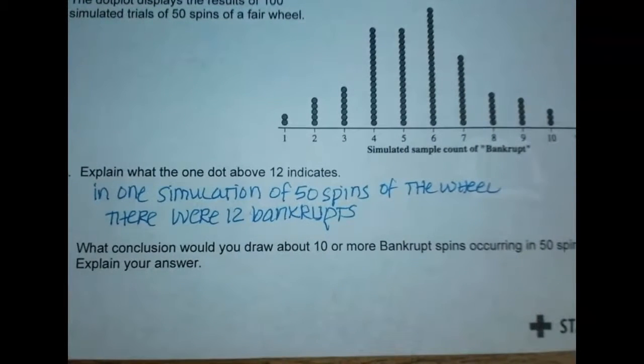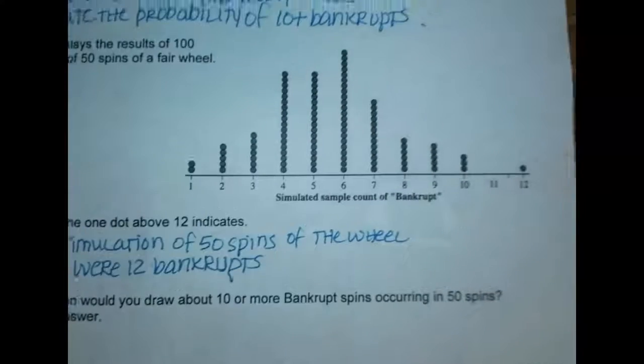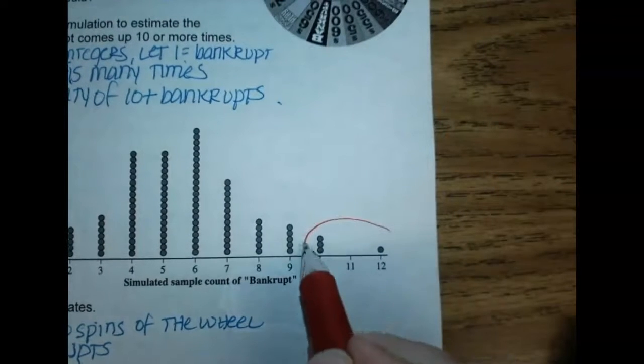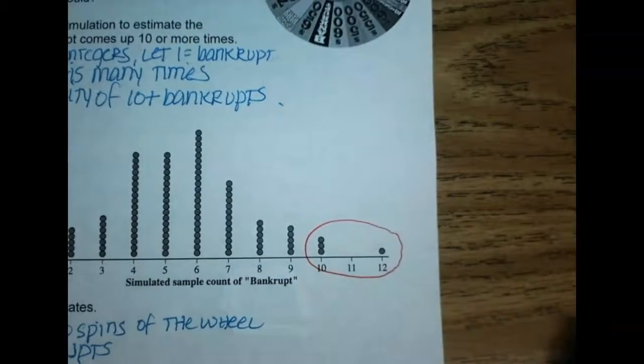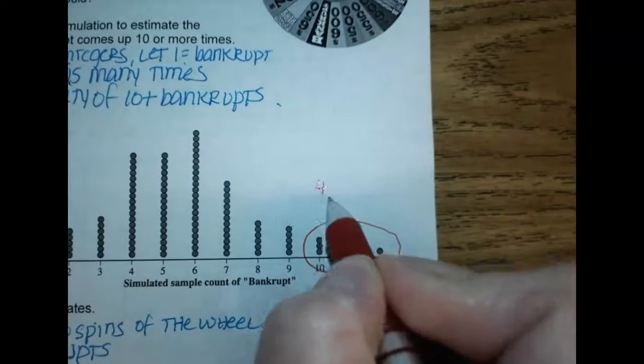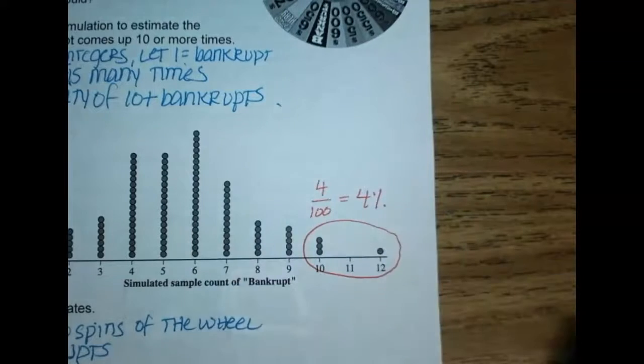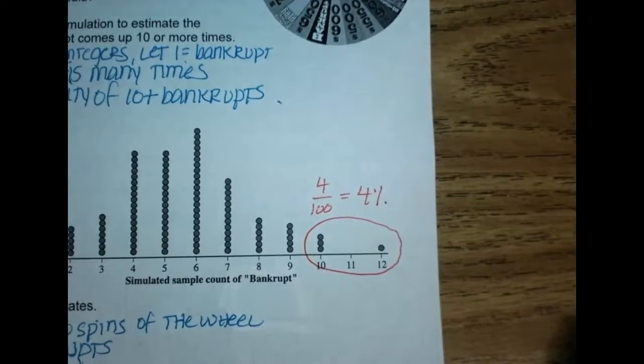All right, so the last question is, what conclusion would you draw about 10 or more bankrupt spins occurring in 50 spins? And then I want you to explain your answer. So in this example, if I go look, 10 or more is right here. So that is 4 out of 100, which is 4%. That's less than 5%.